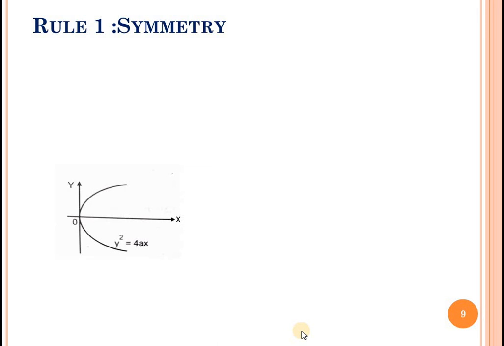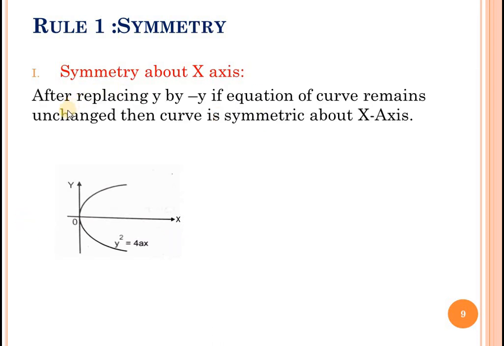Symmetry, rule 1. In rule 1 we see symmetry about x-axis. If you observe, this curve is symmetric about x-axis. We know this is the parabola y square is equal to 4x. So how do we decide this curve is symmetric about x-axis? The test or condition for symmetry about x-axis is to replace y by minus y.